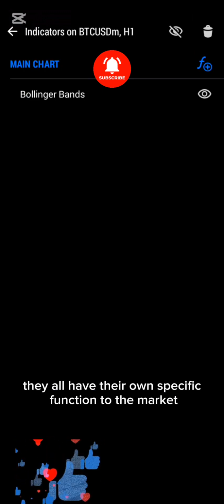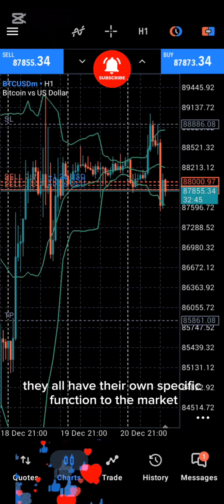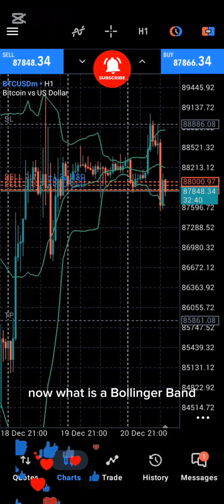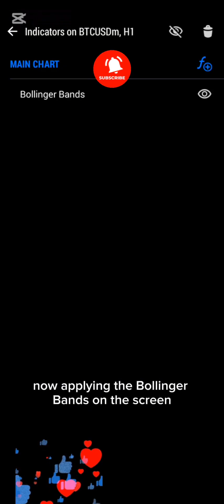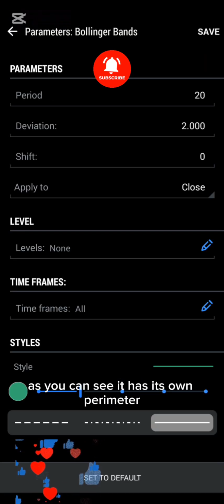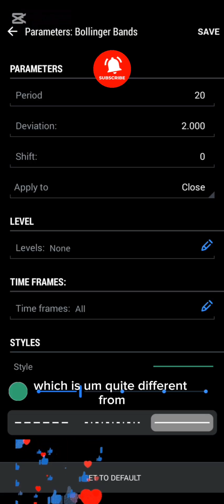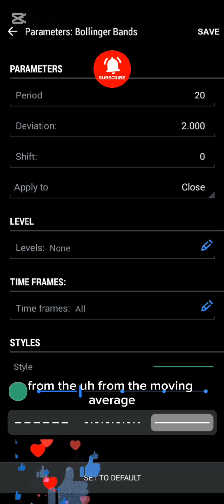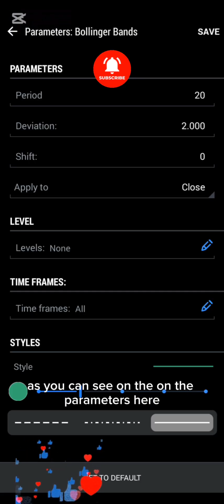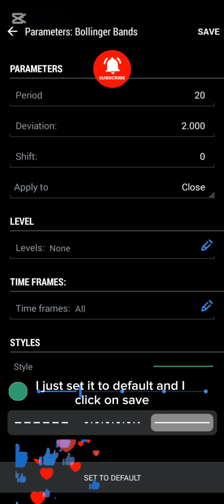Because they all have their own specific function in the market. Now we have applied the Bollinger Band. Now what is the Bollinger Band? Applying the Bollinger Bands on the screen, as we can see, it has its own parameters, which are quite different from the moving average. As you can see on the parameters here, I just set it to default and I click on save.